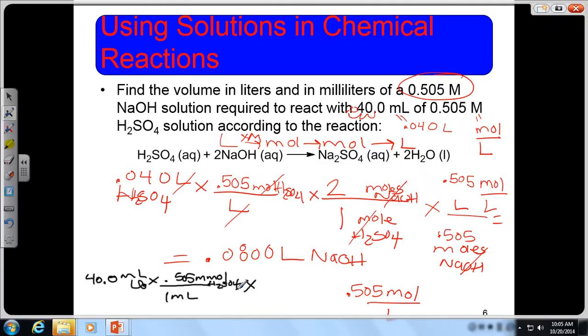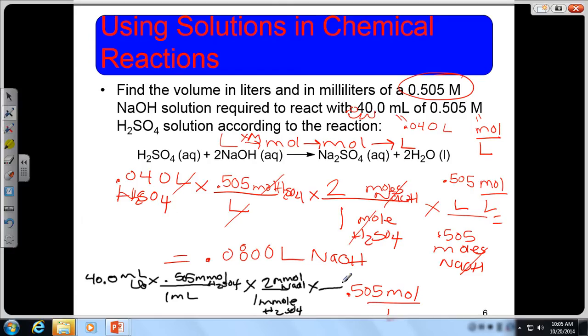To me, this is almost a little easier, but we just don't talk as much about the millimoles. Now we have a 1 millimole to 2 millimole ratio. So all you do is say, instead of a 1 to 2 mole ratio, it's a 1 to 2 millimole ratio.